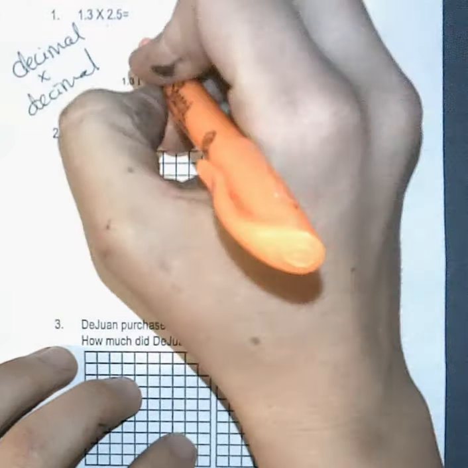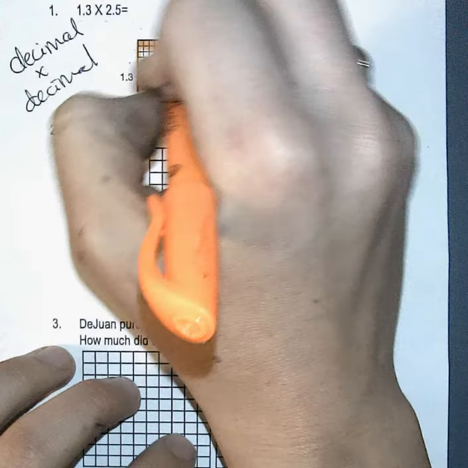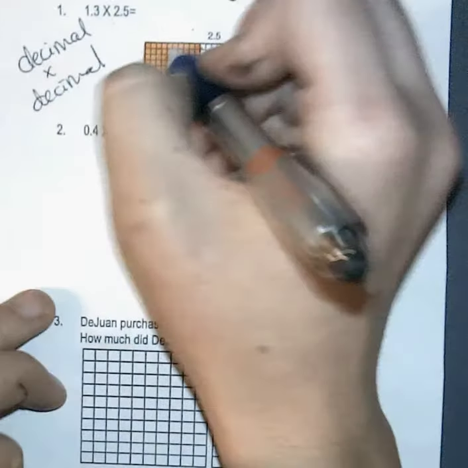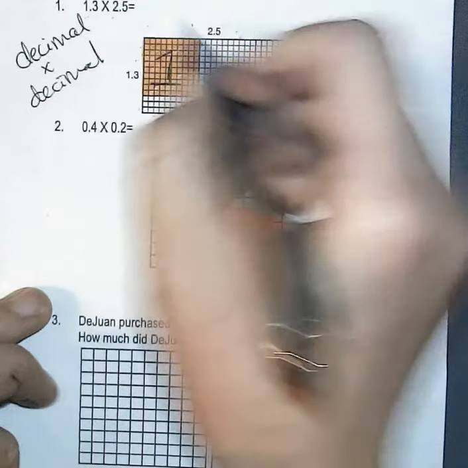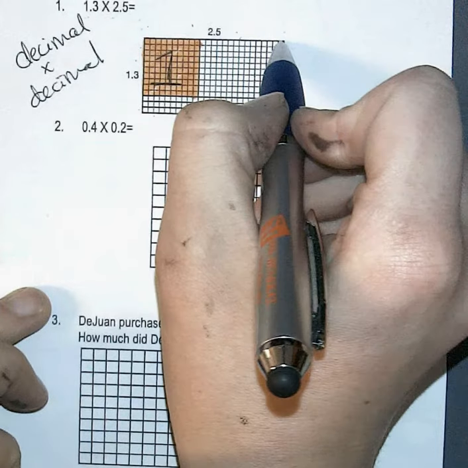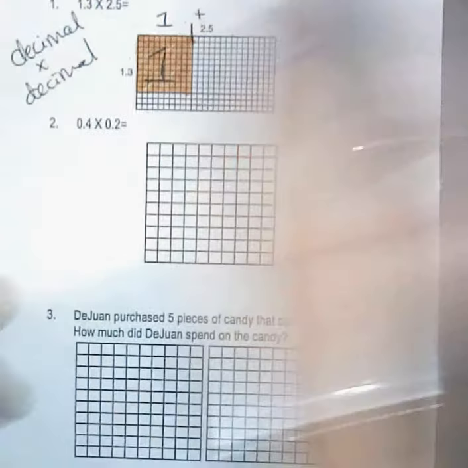So 10, and then we go down 10 again, and it's 100 right here. So this right here is equal to 1. And this is telling us that from here to here is 2.5. So this is 1 plus something else.